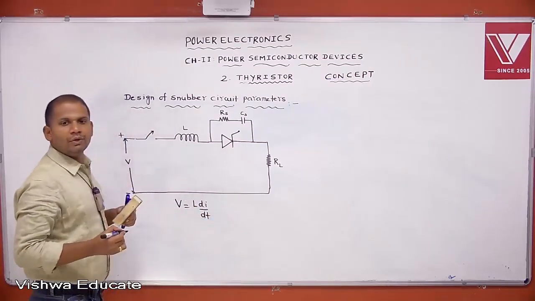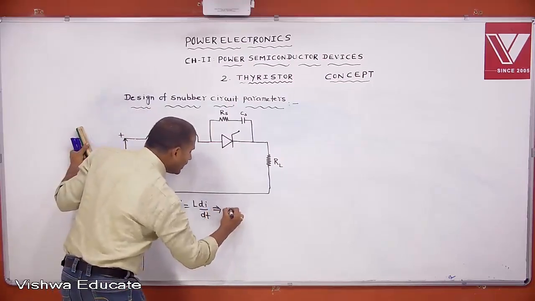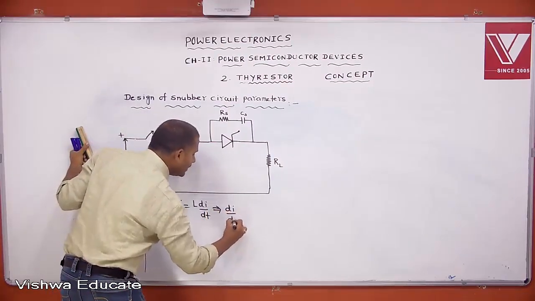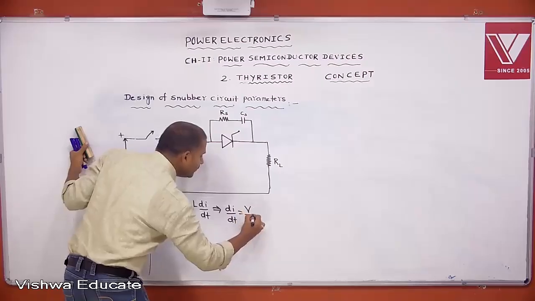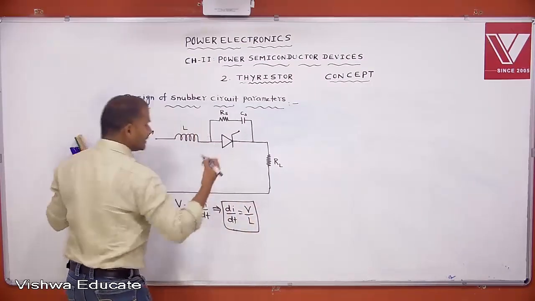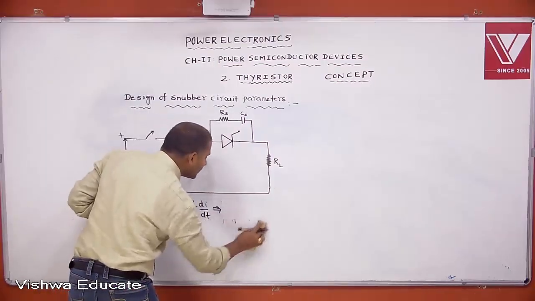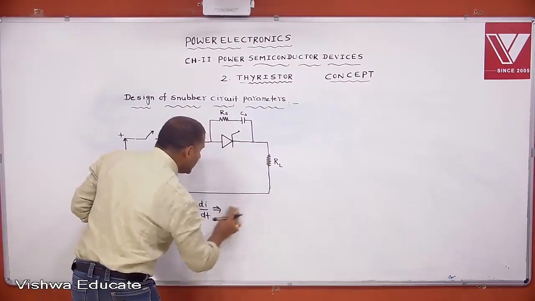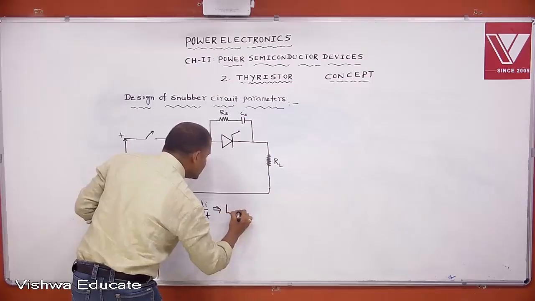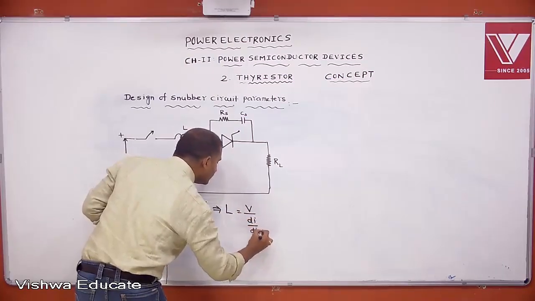From this, di by dt is V by L, or we can design the inductance: L equal to V by di by dt.